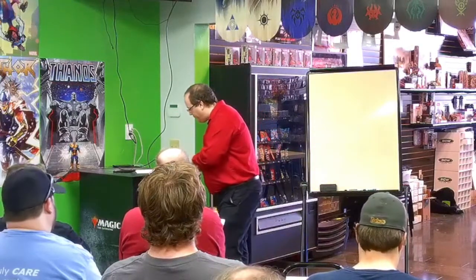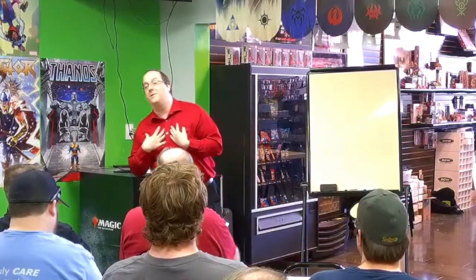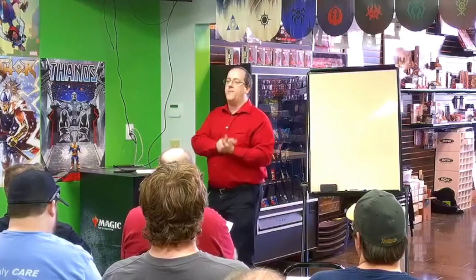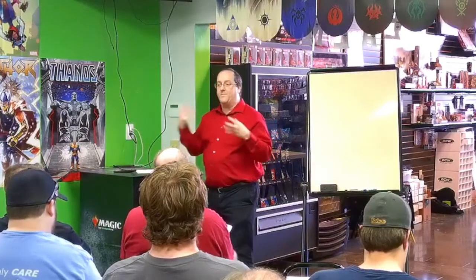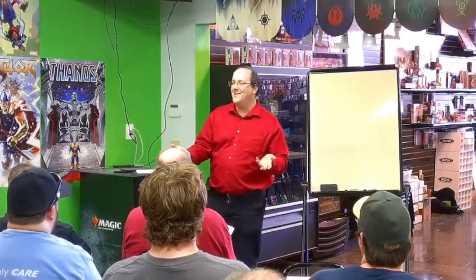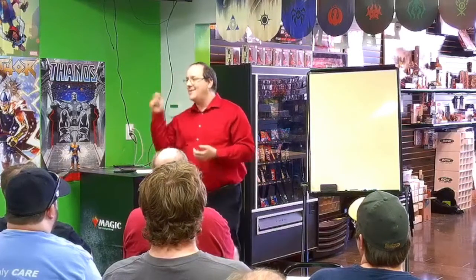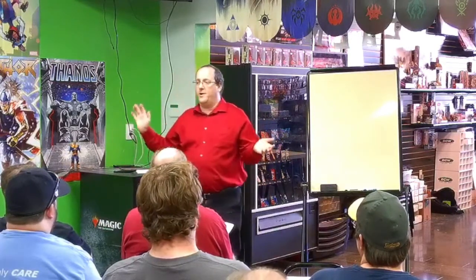Let's see. The last one on this is one that I personally use, and this is about players messing up their deck list. Whenever I'm running an event and we're collecting physical deck lists, I know it's archaic and old, but I always ask the judges, as you collect them, always check the name. The number doesn't really matter.